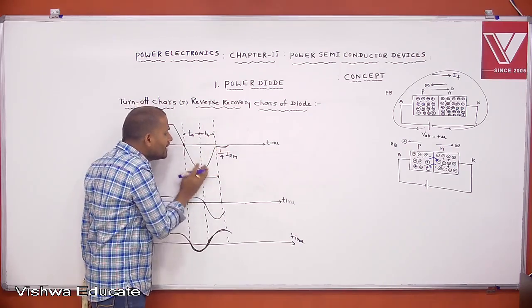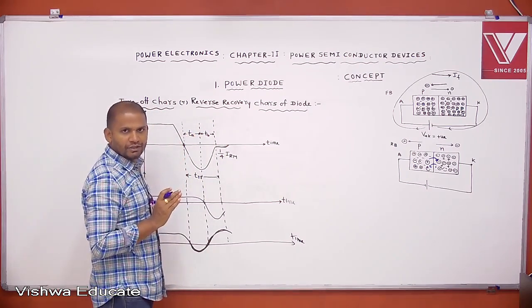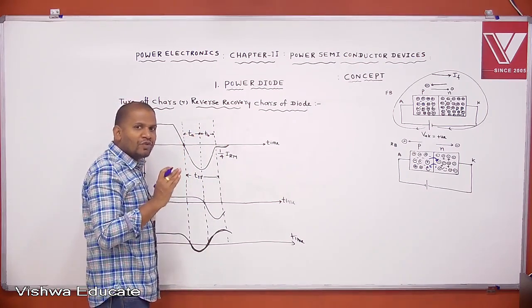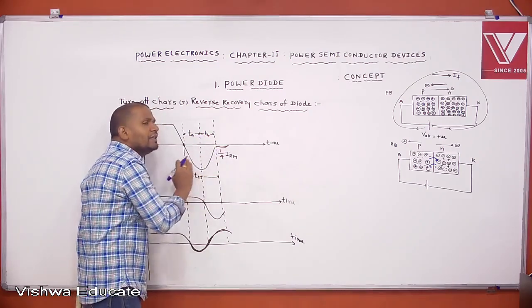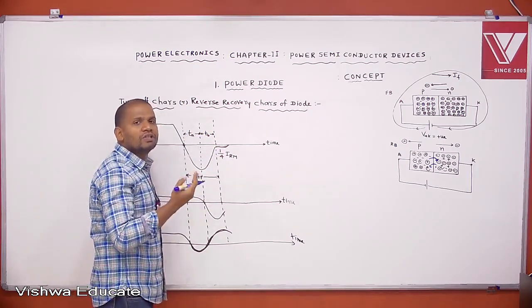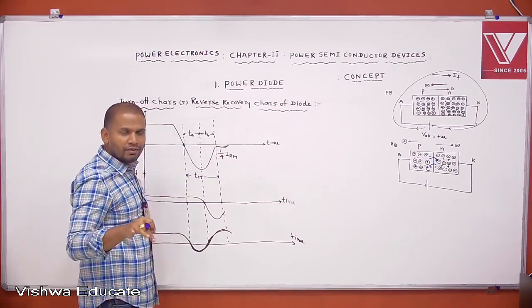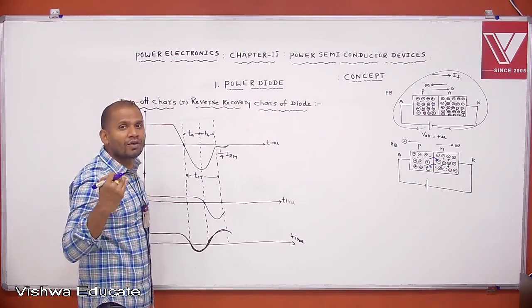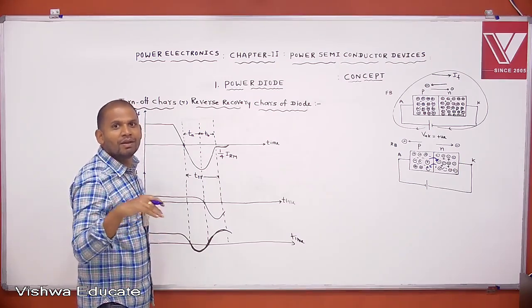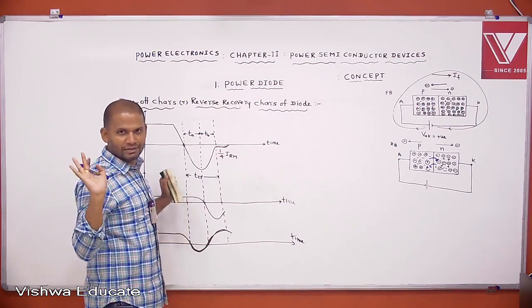Then we can say that the diode is perfectly turned off. Understood or not? When the diode is perfectly turned off, the total current through the diode is 0. This is the reason why the diode conducts for some extra time even though forward current is 0: because of stored charges in junction and layers.